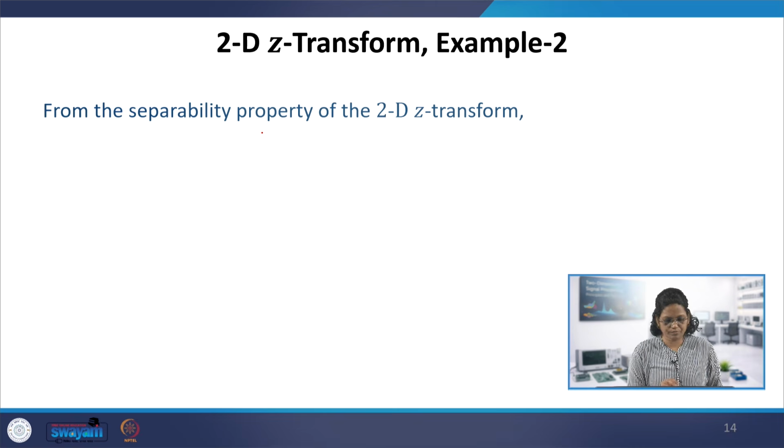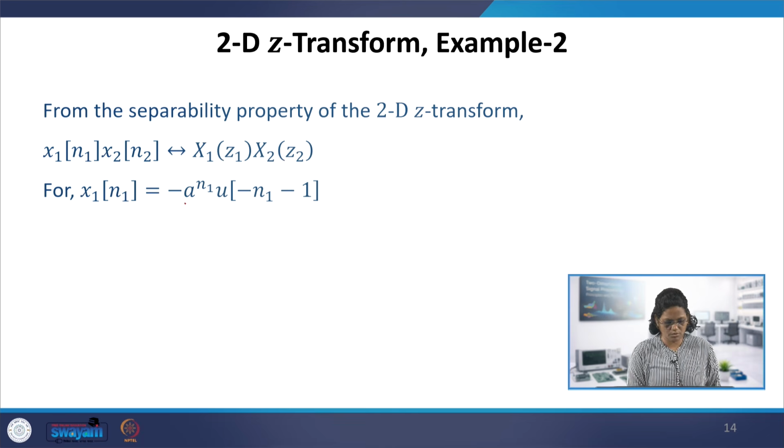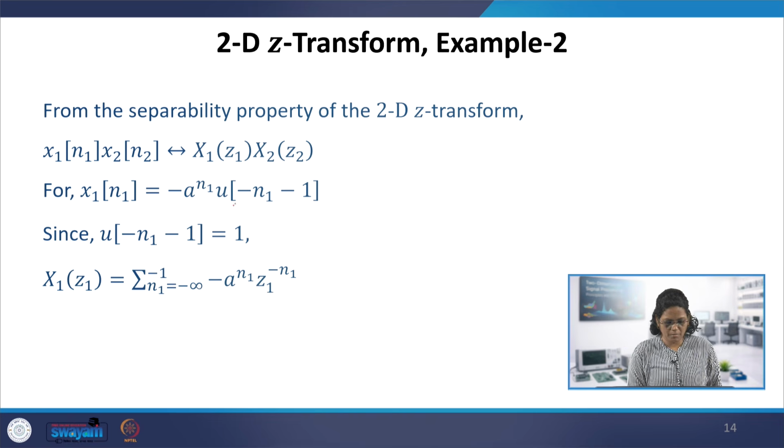So using the Z transform property we get X1 of z1 and X2 of z2. For the first sequence, the summation is limited from minus infinity to minus 1, the second quadrant region, with a power n1 and z1 power minus n1.